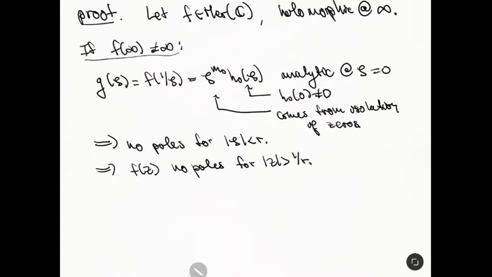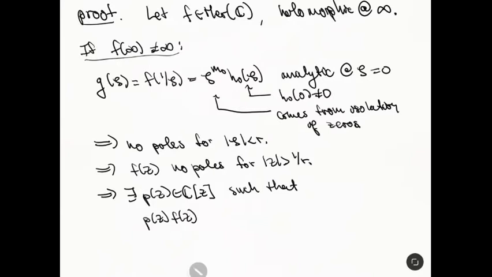And so this means that there exists a polynomial that can get rid of all the zeros. So we take all the zeros, so this guy has no poles.